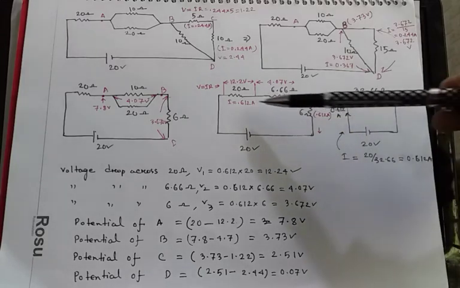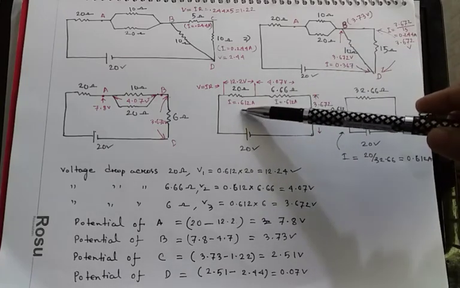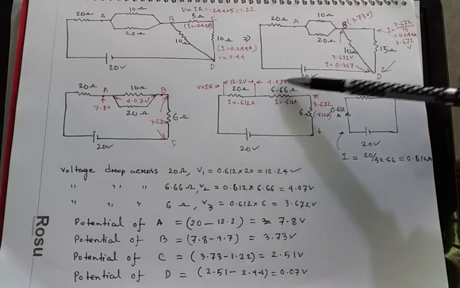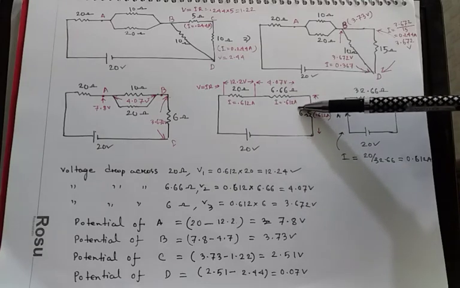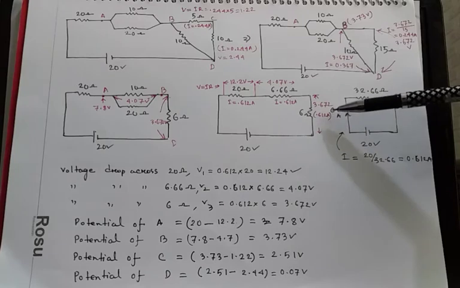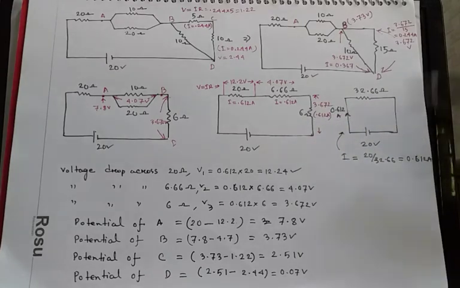That means for 20 ohm the current will be 0.612 amps, for 6.66 ohm the current will be 0.612 amps, and for 6 ohm the current will be the same, 0.612 amps.